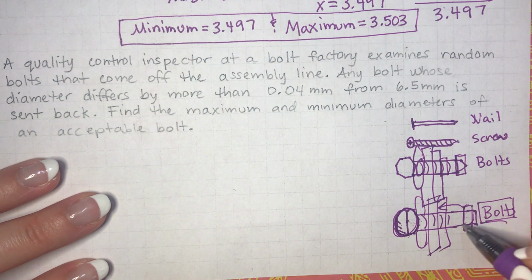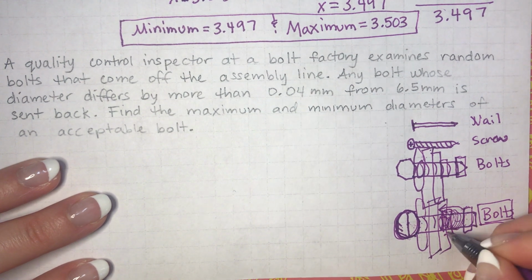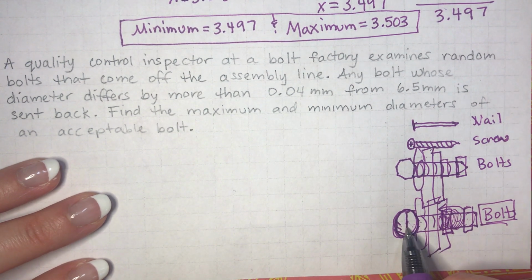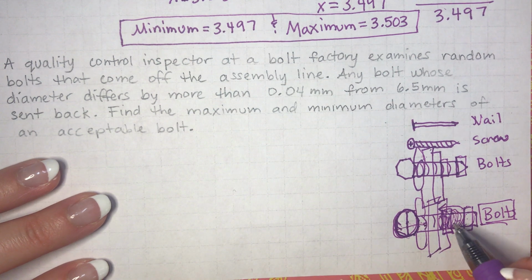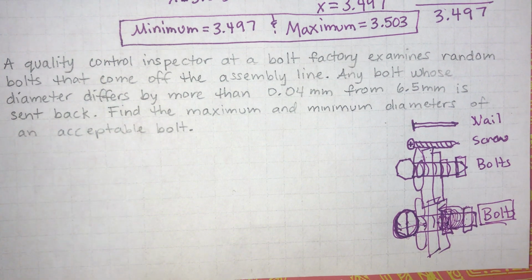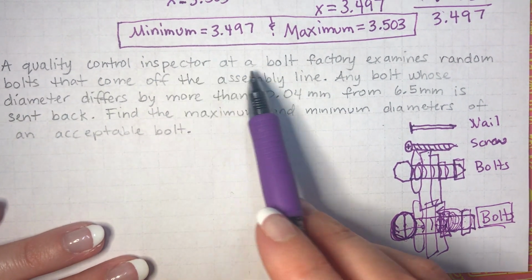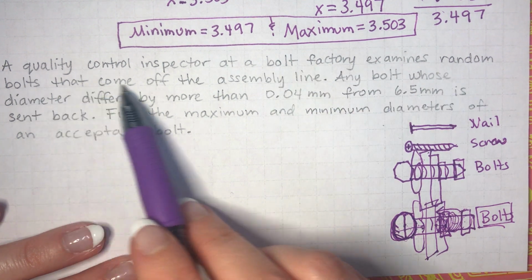And then this thing slides up and locks all that stuff together. So this holds it from the front side, and this little thing right here holds it from the back. So that's a bolt.